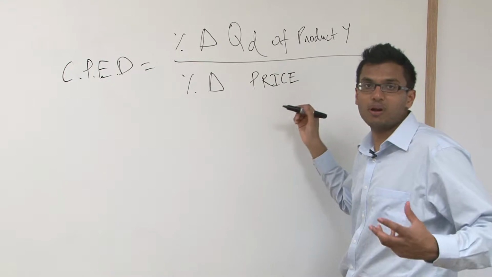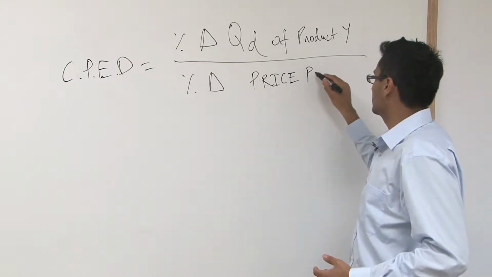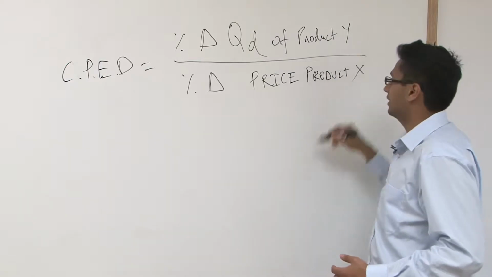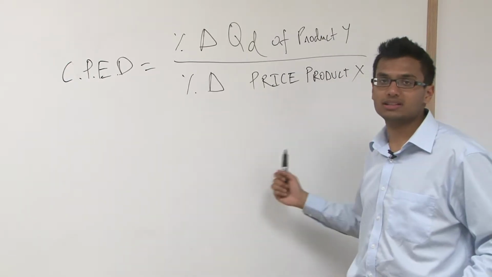Let's call it product X. This is how we explained it last time, and this is exactly what cross price elasticity of demand is.